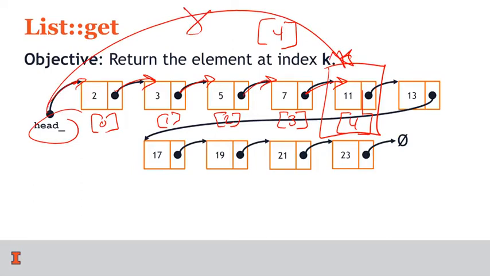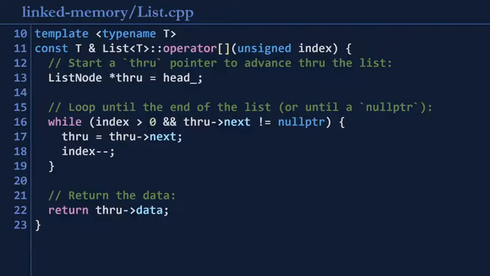So implementing this looks like a simple loop. Implementing this operator square bracket function, retrieving a particular index, we're going to go ahead and define a through pointer. This is the thing that's going to allow us to advance through the linked list, starting at the head. And while our index is greater than 0, and while we haven't reached the end of the list, we want to continually go through the list.